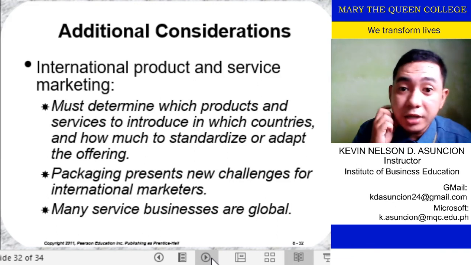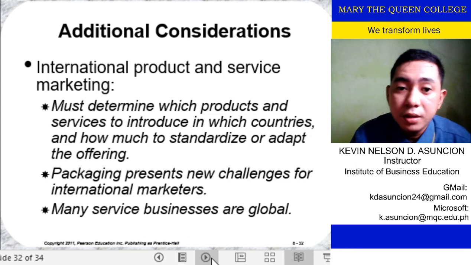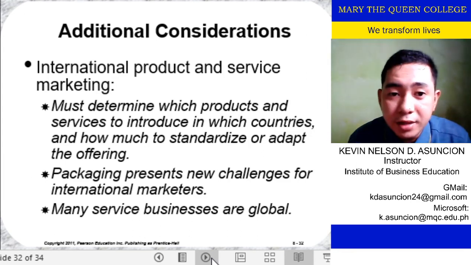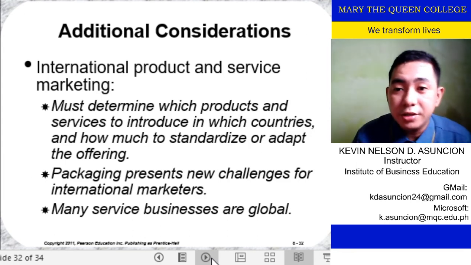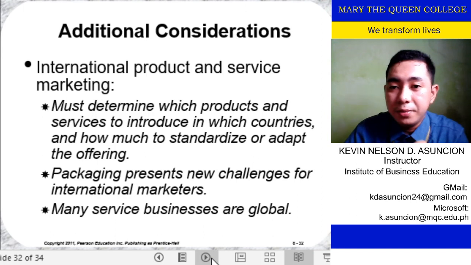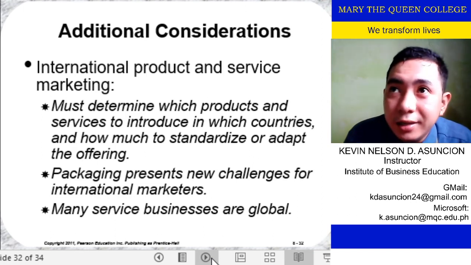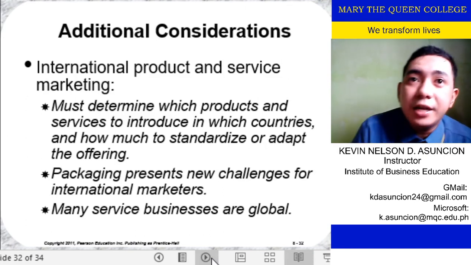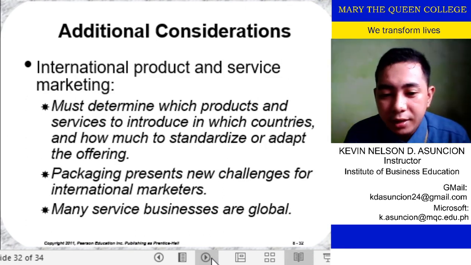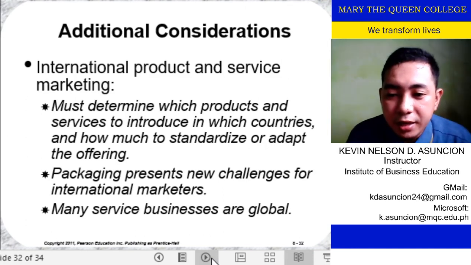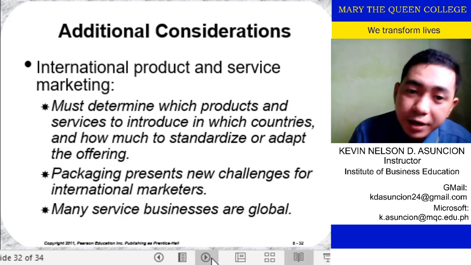And international product and service marketing is you may opt to determine which product and services to introduce in which country, no? So ito goes, it's that going outside of your market, wherein outside of that market, dahil pa-decline na yan, hanap ka ng iba, 'di ba?